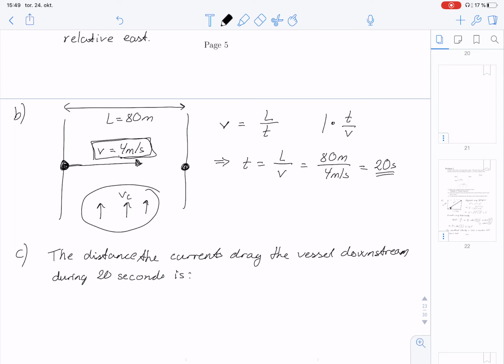is, if we call that x, for example, you would get the speed of the currents multiplied by the time it takes. So we have 3 meters per second times 20 seconds that it takes to cross, and we get 60 meters downstream.